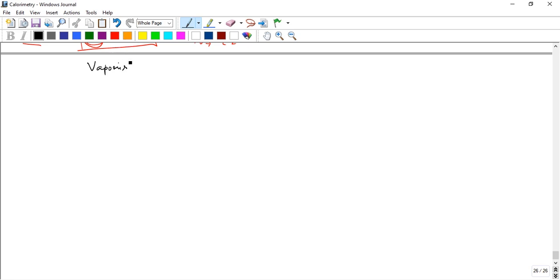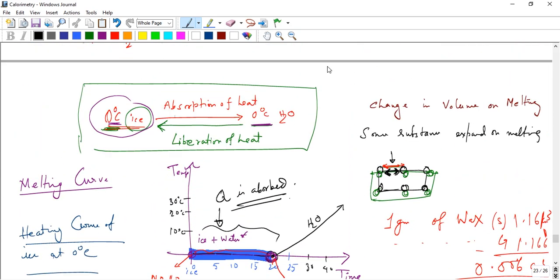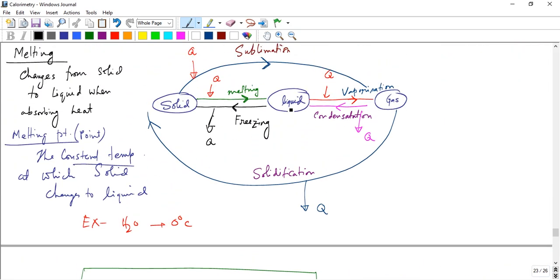So what is vaporization or boiling? You see that block diagram. When you heat some liquid, the heat is absorbed by the liquid, and then the liquid changes state: the liquid turns into gas.